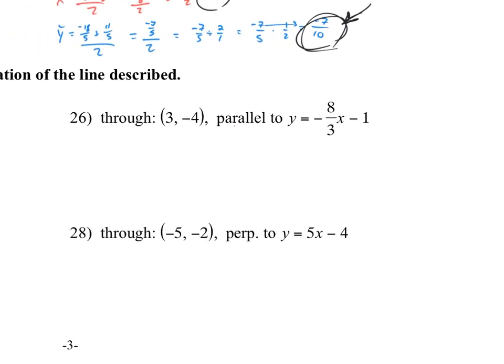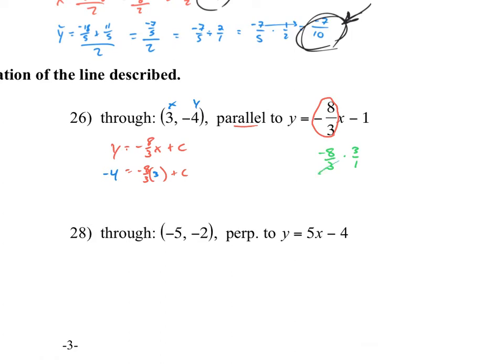Same thing, we want it parallel to this line, so we're going to steal this slope. So y equals -8/3 x plus c. Here's an x, here's the y that they told us works for this equation. So put in your y value, put in your x value. What's nice is this piece is -8/3 times 3 over 1, right?